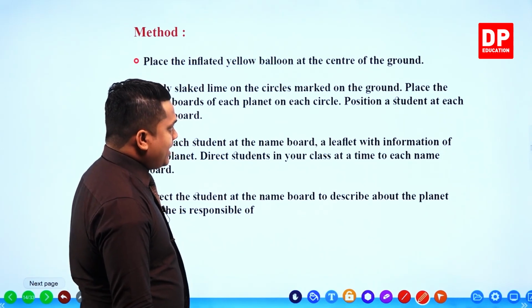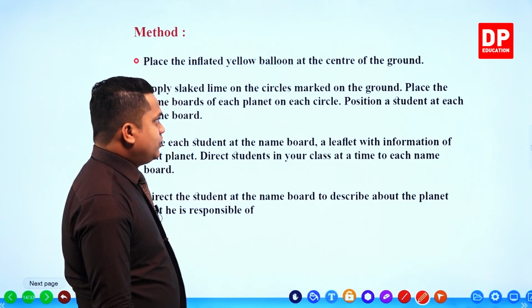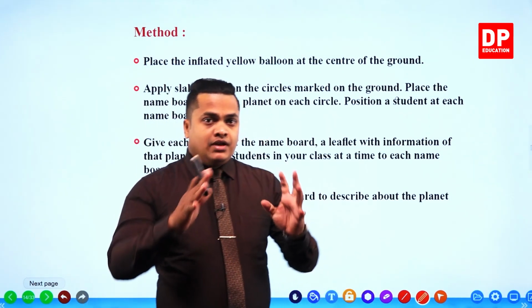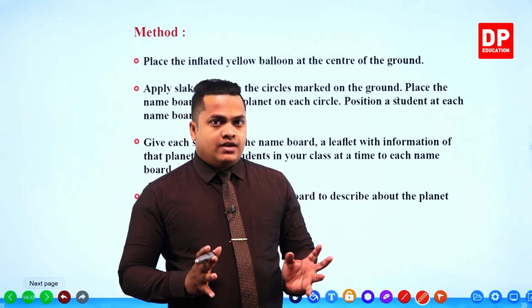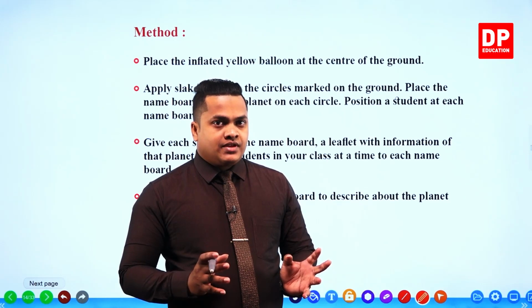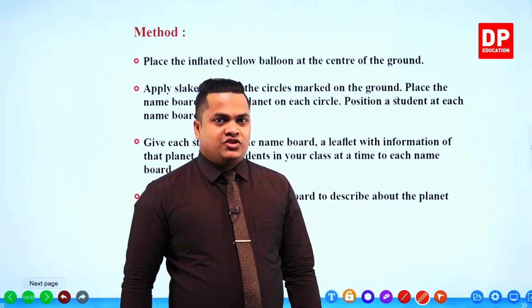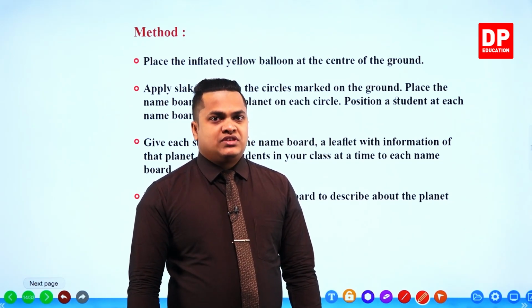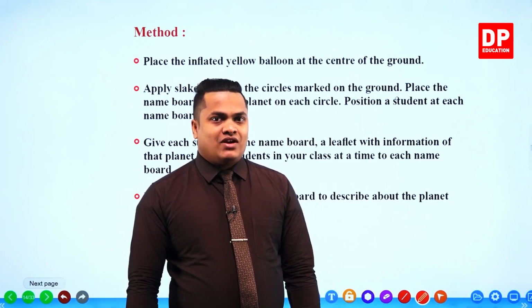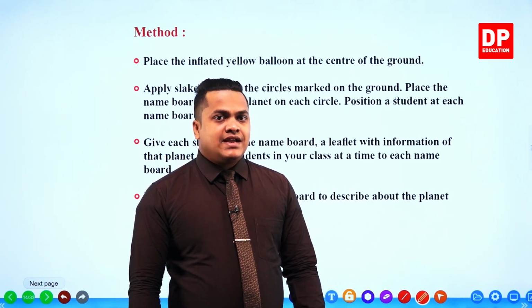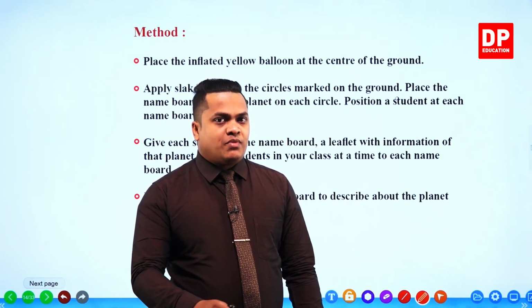Position a student at each name board. So you have to place the balloon at the playground. Then you can use lime or any other marker to mark the positions. Then use the name boards, one name each, and assign a student to each marked position.